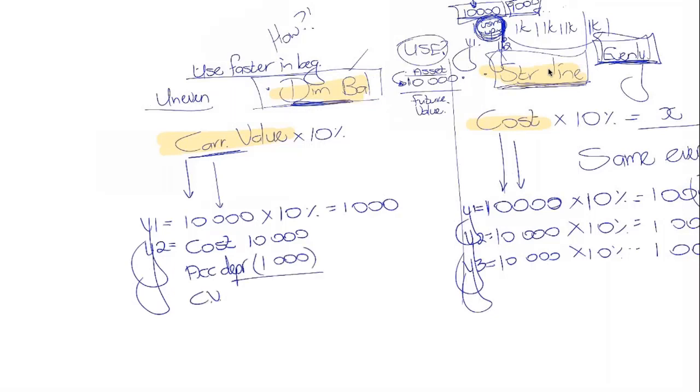Therefore, what's my carrying value? 9,000 Rand. Now I can calculate my depreciation on my carrying value. Still 10%, 900 Rand. So in year two, carrying value was my cost less my accumulated depreciation, 9,000 Rand, and now we have depreciation of 900.